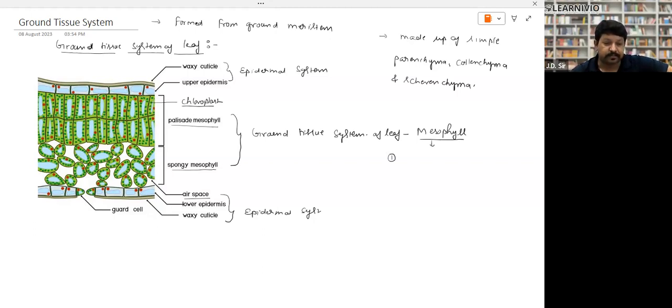First, palisade mesophyll. Second, spongy mesophyll.